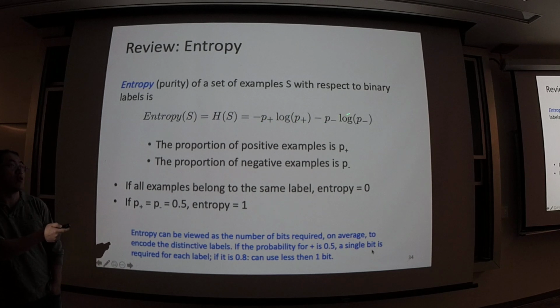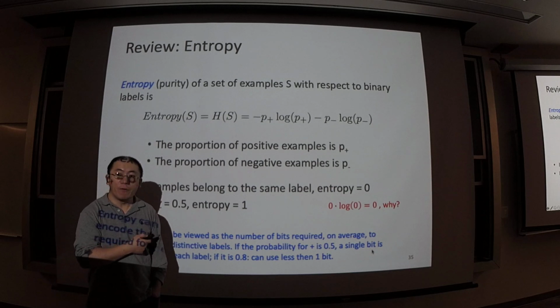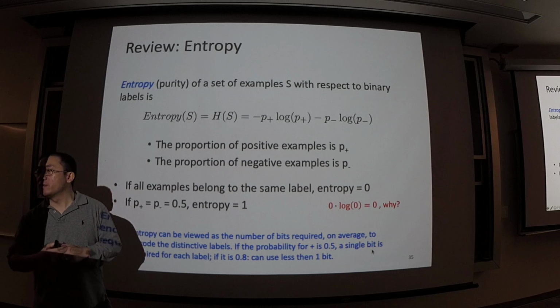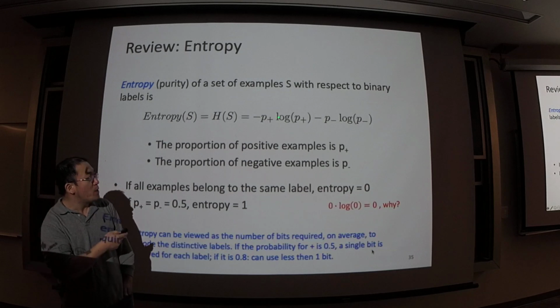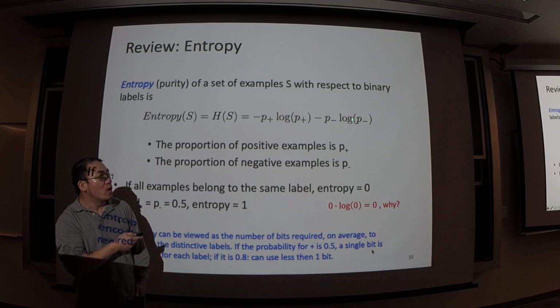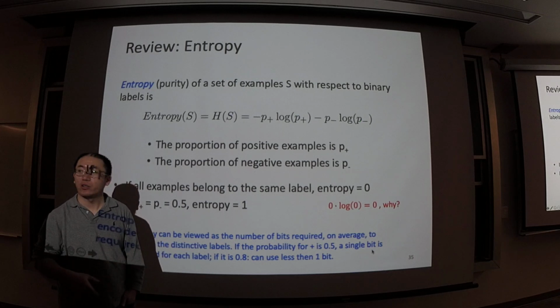But here there is also 0 log 0, which of course cannot be directly evaluated. But when p minus is 0, we are talking about the limit case. Namely, when p minus approaches 0, what's the limit of p minus logarithm p minus? The limit is 0. That's how we define this term.